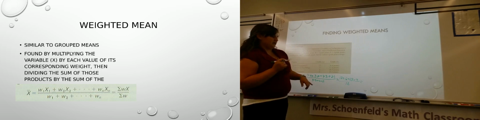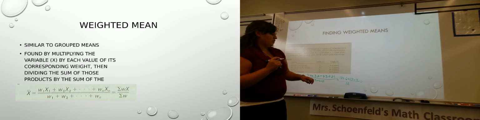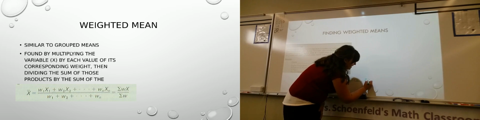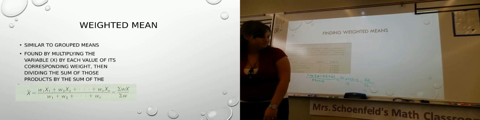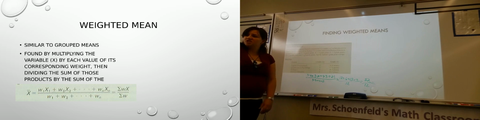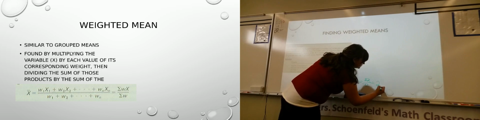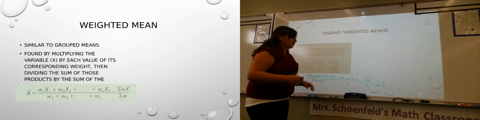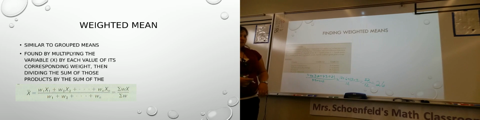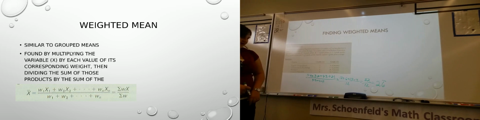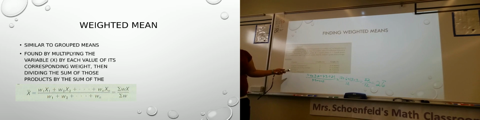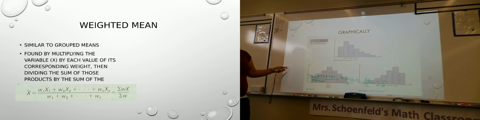Adding that up again, I get 32, divided by 12. That's 2.66, so you could do a repeating sign on it, whatever, I'm not going to be too picky on that. So that's how we do weighted means.